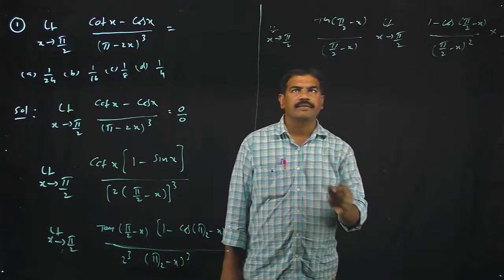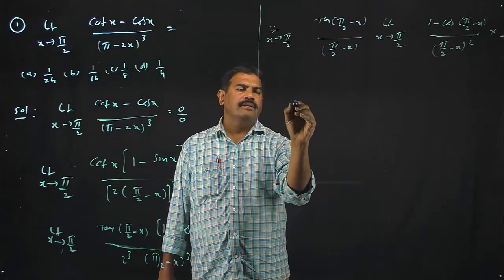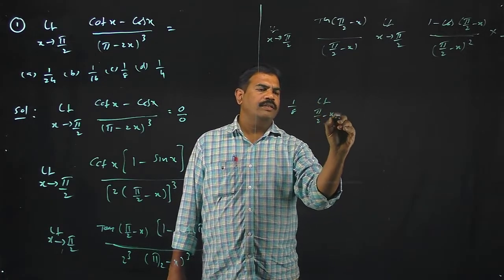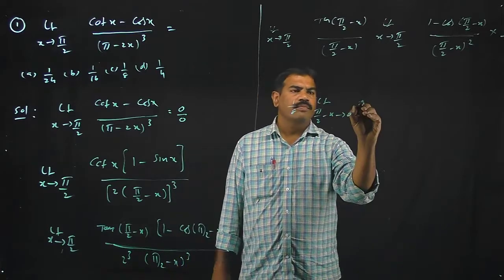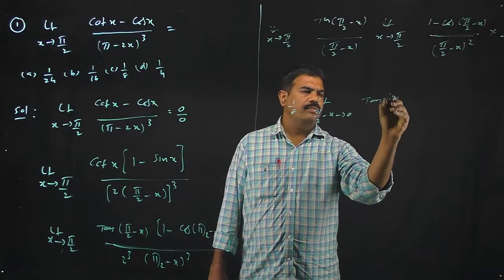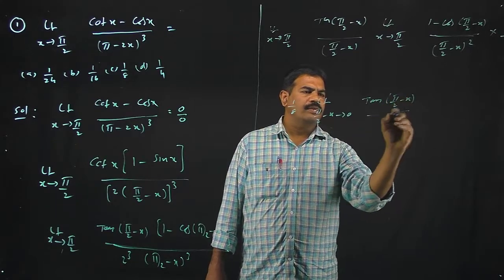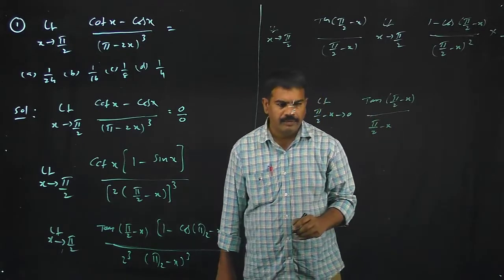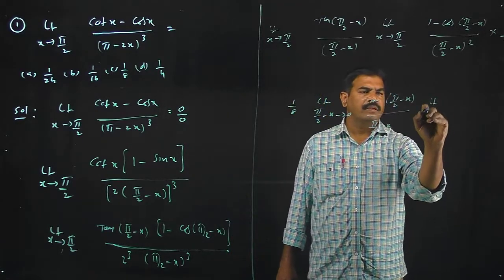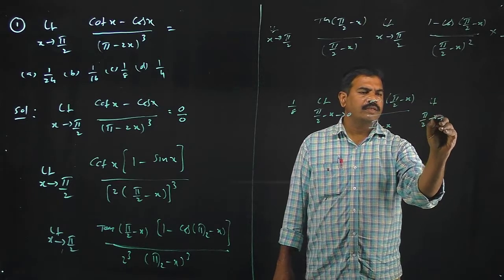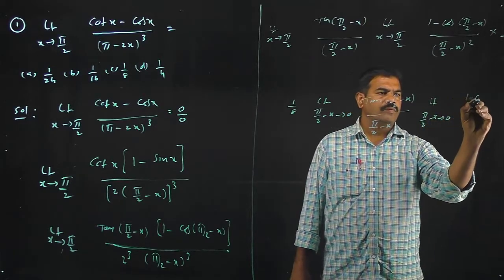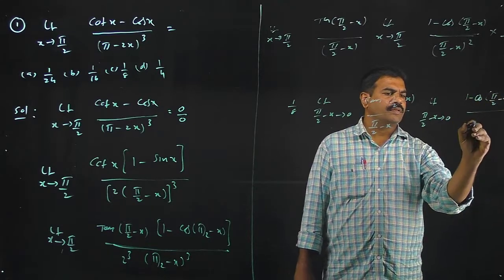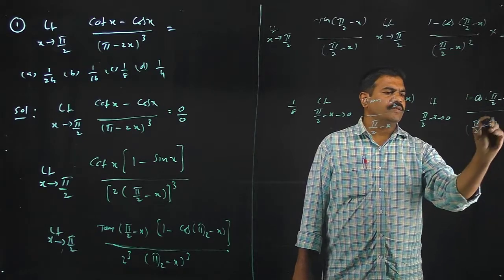So 1 by 8 into limit as pi by 2 minus x tends to 0 of tan of pi by 2 minus x by pi by 2 minus x, into limit as pi by 2 minus x tends to 0 of 1 minus cos of pi by 2 minus x by pi by 2 minus x whole square.